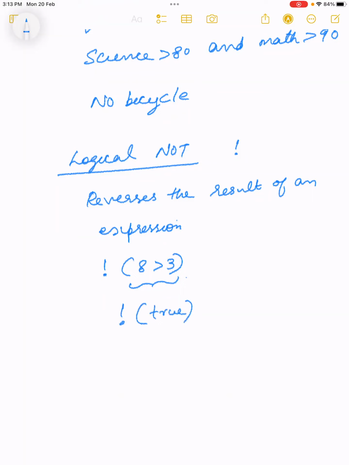Okay, so NOT true means false, right? Yes. So the answer is going to be false here. Okay, so any condition, whatever the result, that result you are negating, you are reversing. That is the purpose of the NOT operator.